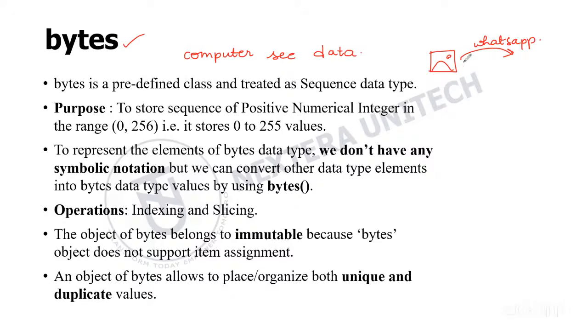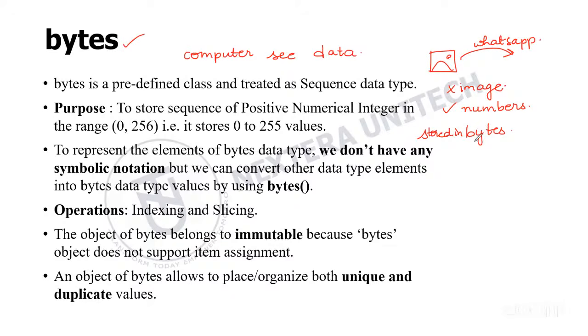When you send a photo on WhatsApp or any other platform, internally this photo is not stored as an image. It is stored as numbers. Those numbers are called bytes. So images are stored in the form of bytes.